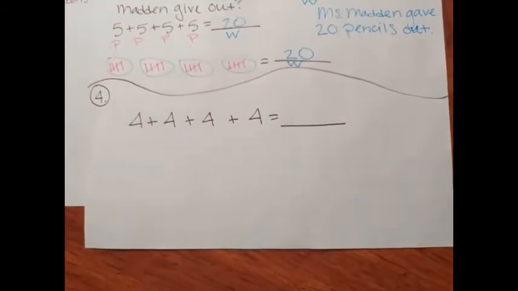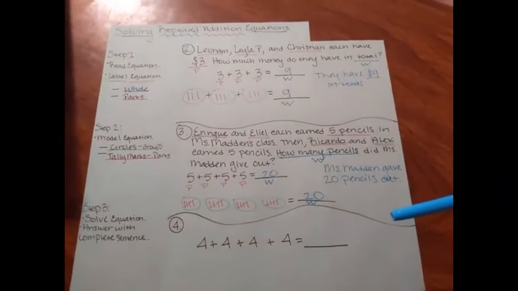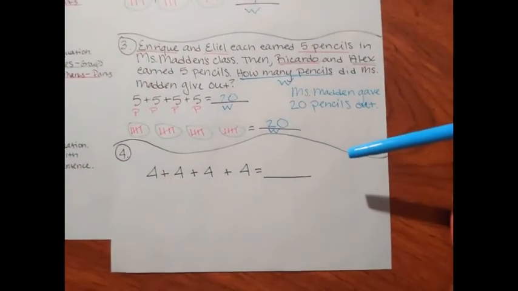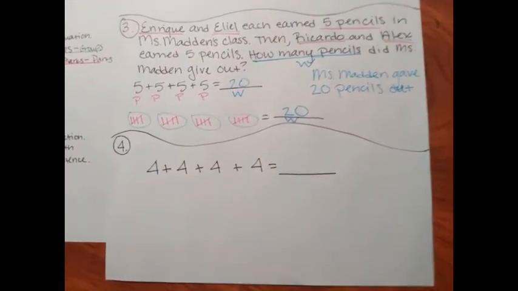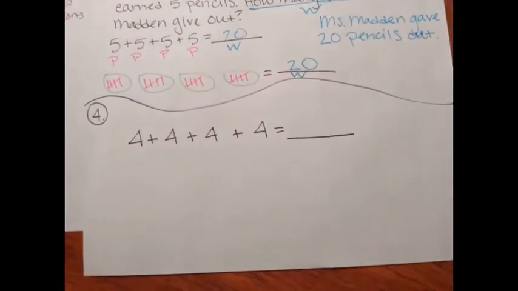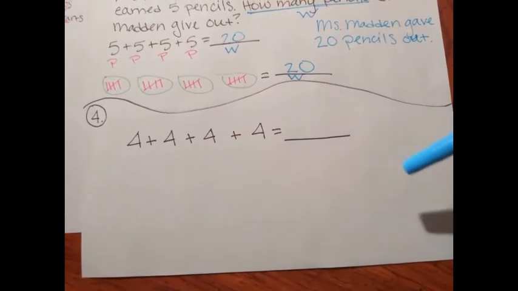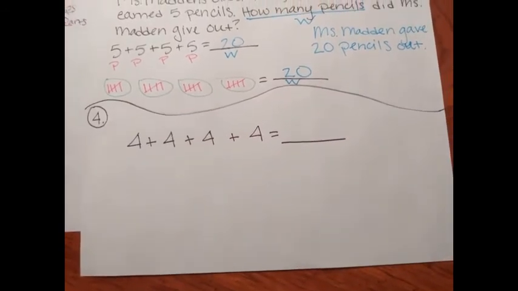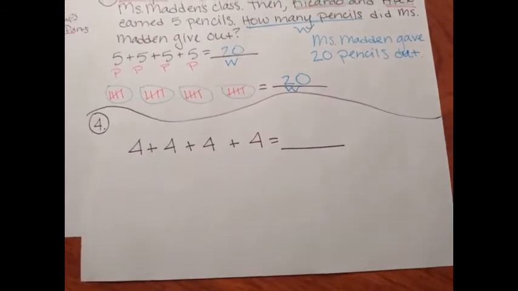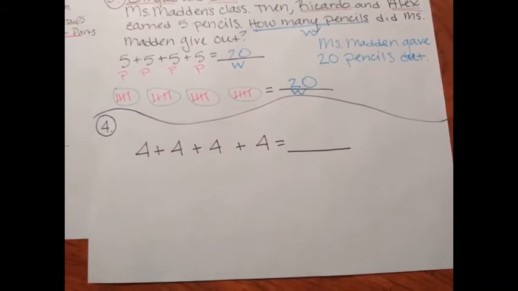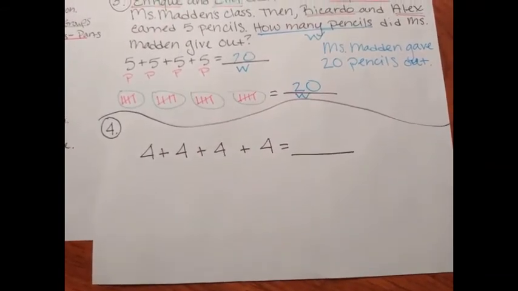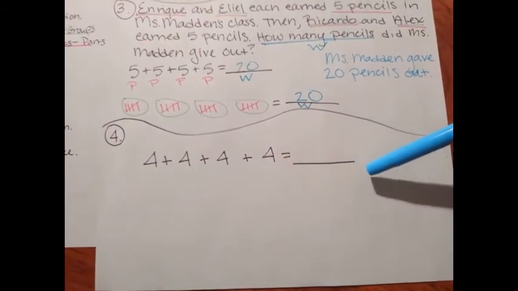Please use steps 1 through 3 to solve number 4 all on your own. When we return, we will share our answers and compare our steps. Give yourself 30 seconds to solve number 4.